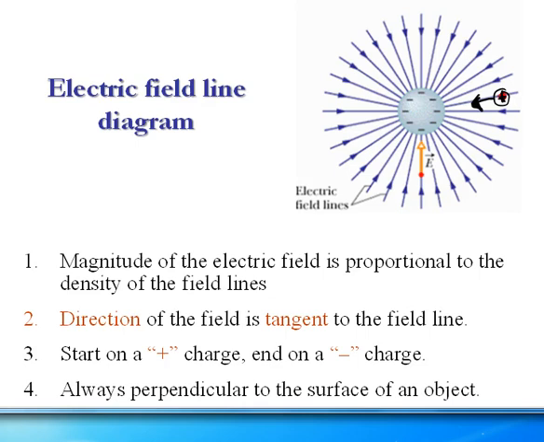So if we put an imaginary sphere right around here, then the density of those field lines will be proportional to the inverse of this radius squared, because the surface area of a sphere is 4 pi r squared. So we'll look at that a little bit further.